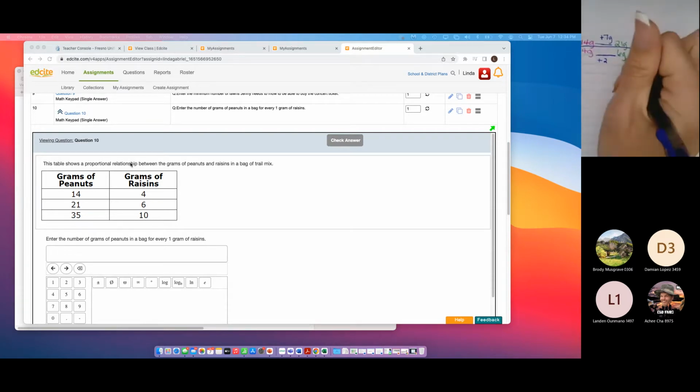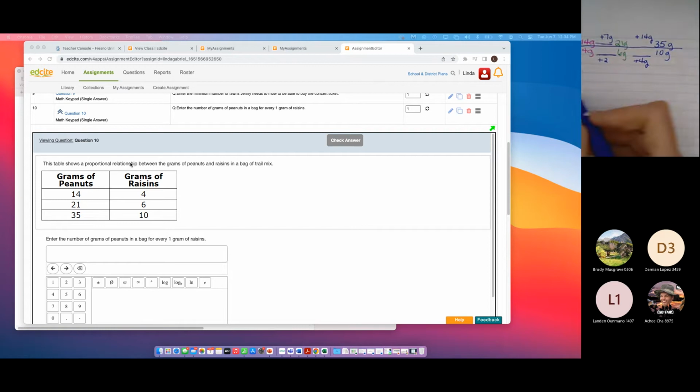Okay. In between 6 and 10, I have plus 4 grams. And I am looking for the ratio for 1 gram of raisins and peanuts, I'm not sure.